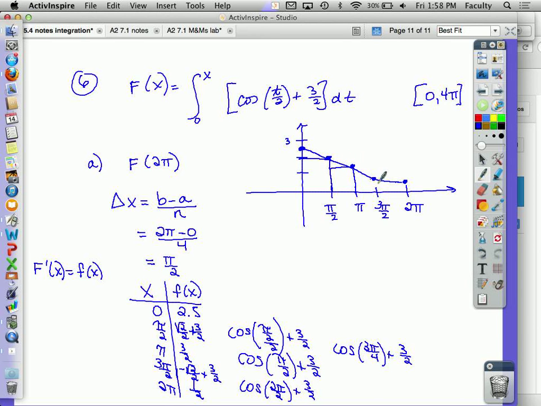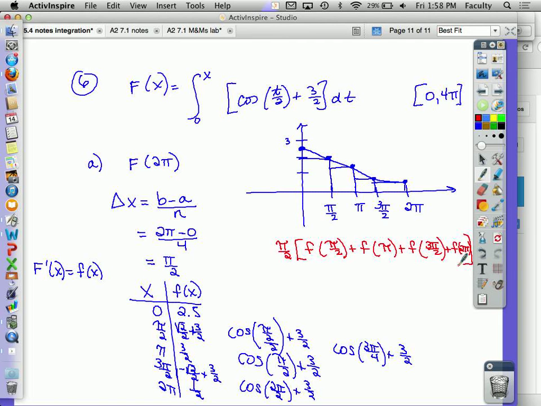So notice it almost turns out to be right side Riemann sums. The width is pi over 2. And then you're really doing f of pi over 2 plus f of pi plus f of 3 pi over 2 plus f of 2 pi.